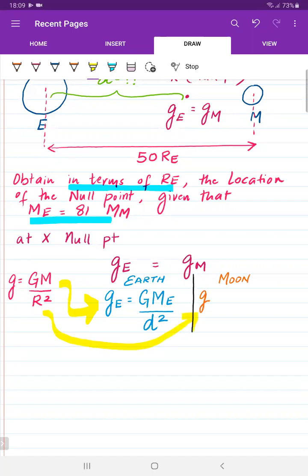Only this time I'll make minor adjustments to signify कि मैं मून के लिए फॉर्मूला बना रहा हूँ. तो आप सिंबल जरा देख लीजिएगा.